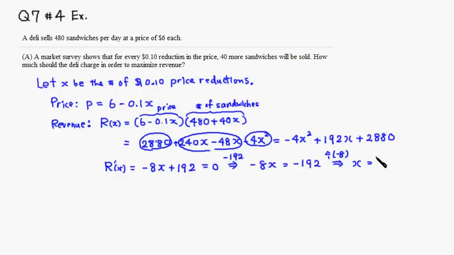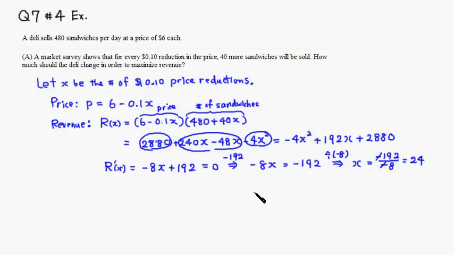Negative 192 over negative 8. Negative divided by negative, so the whole thing is positive. 19 can have 2 8s, so it's a 2. 2 times 8 is 16, so 32. 4 times 8 is 32, so it's 24. So x equals 24 is a critical number.